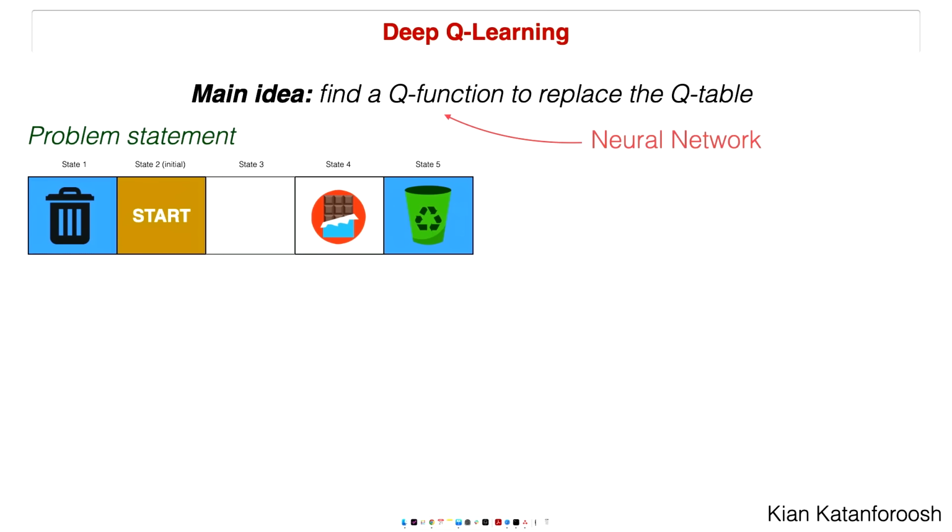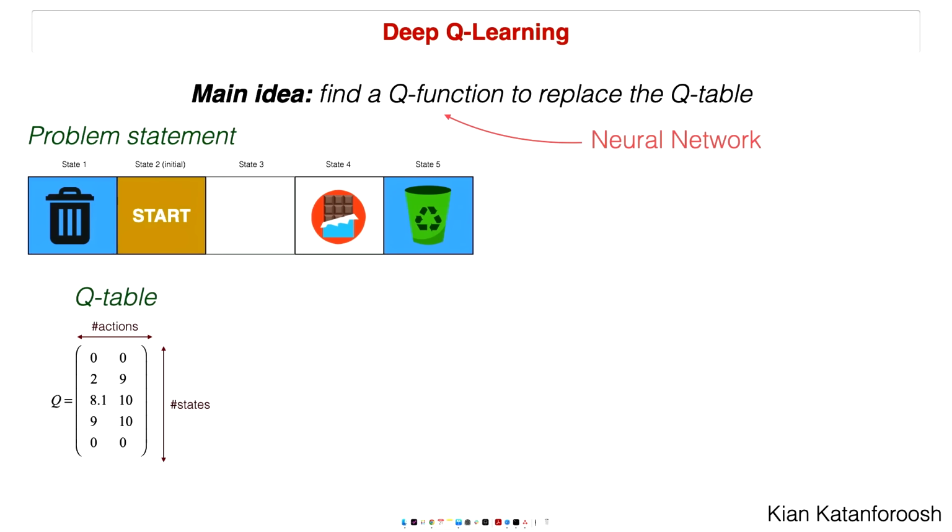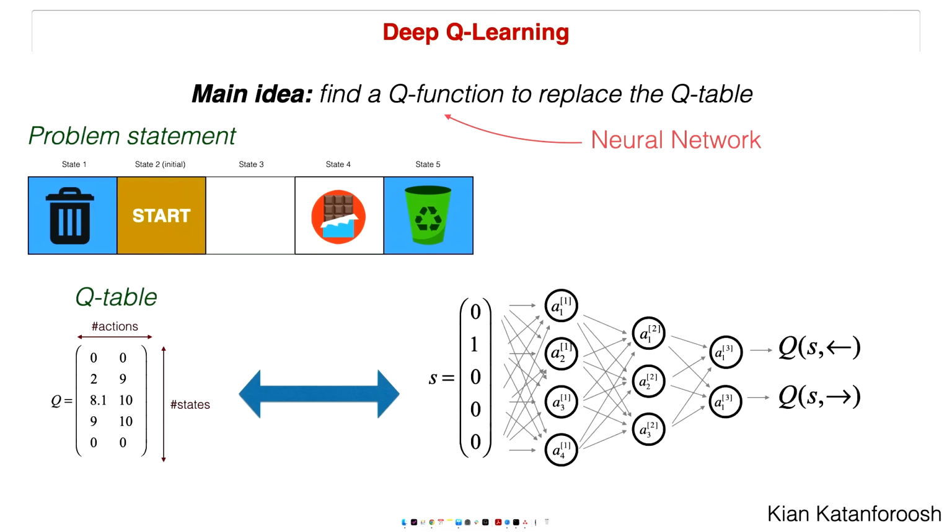So here is the same problem statement. In the past, we looked for a Q table, and this time we will look for a neural network. One of the things we're going to do is to define the output layer to have two outputs. Given a certain state as input, think about it as a one-hot vector encoding the state. So this one is the example of state 2: 0, 1, 0, 0, 0.